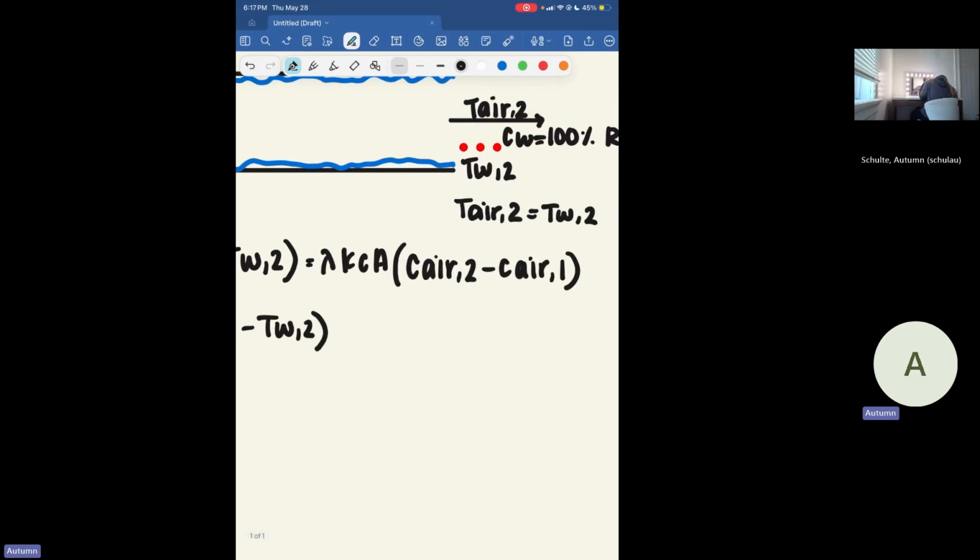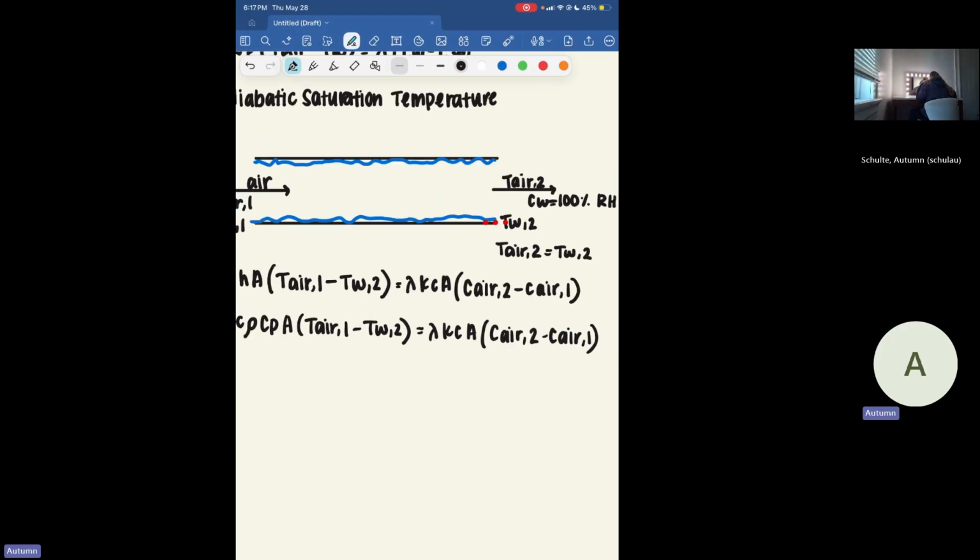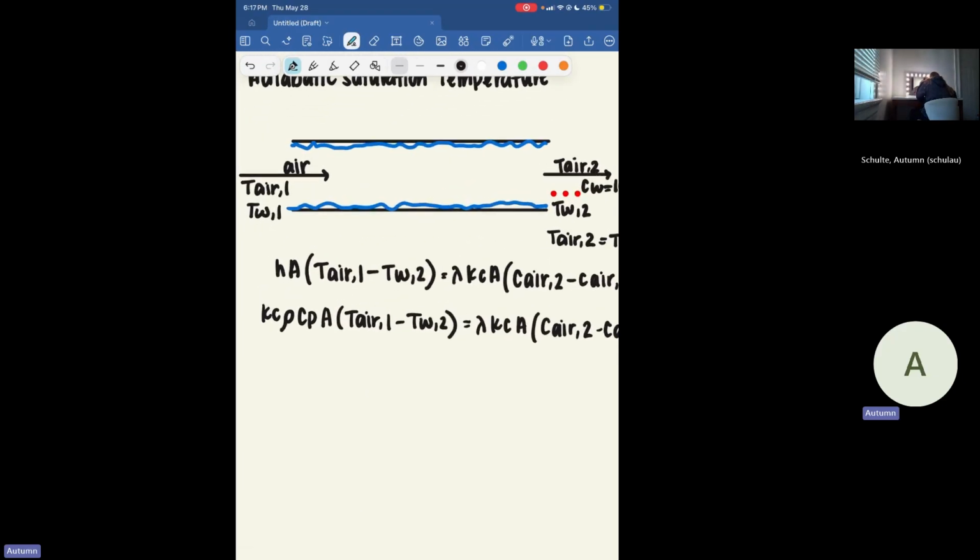This is equal to our enthalpy of vaporization multiplied by the mass transfer coefficient in the area, multiplied by the concentration of our air that is leaving minus the concentration of our air that is entering. And what we can do is, once again, cancel our mass transfer coefficient terms as well as our area terms.